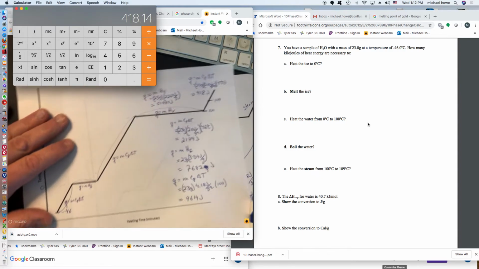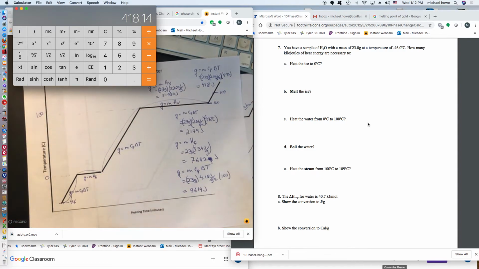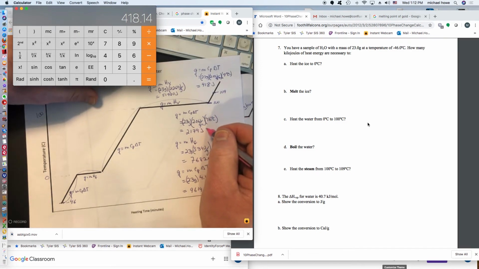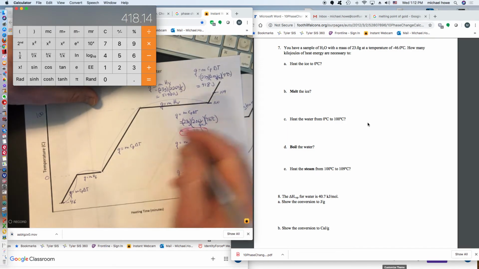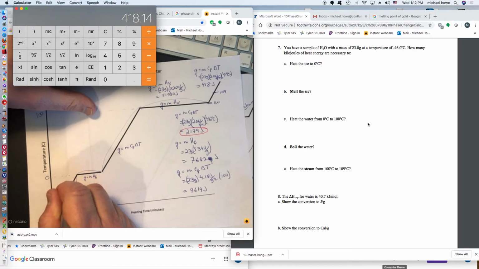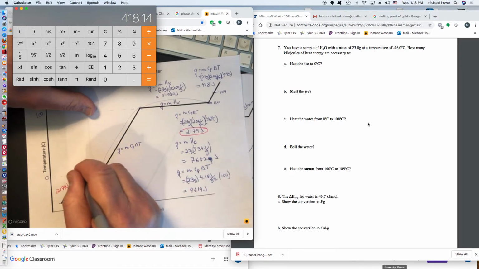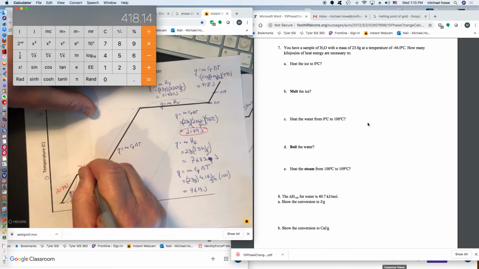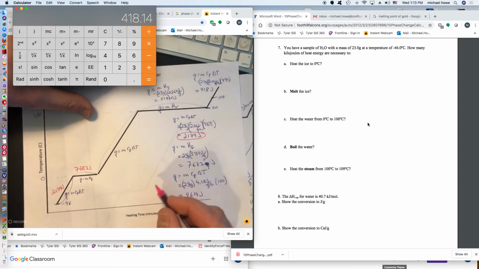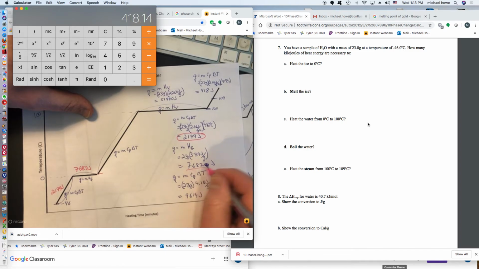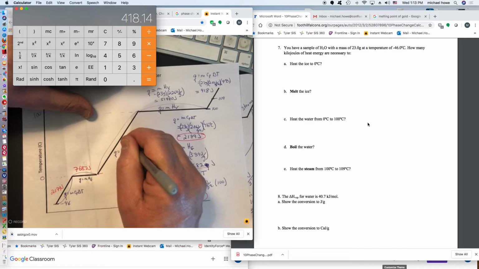So the answer to question A was 2,179 joules. So it takes 2,179 joules to make this temperature change. Then we have to melt the ice, and that took 7,682 joules. To raise the temperature from 0 to 100, that took 9,614 joules.